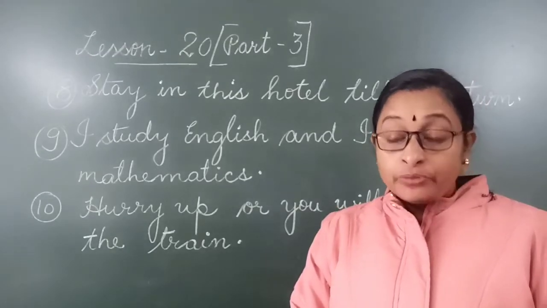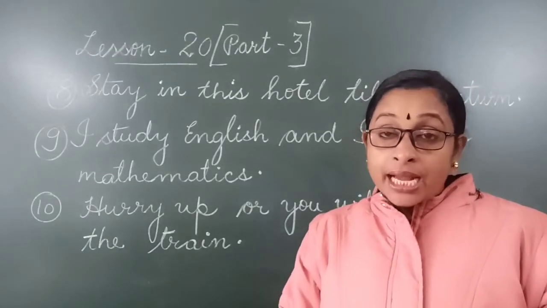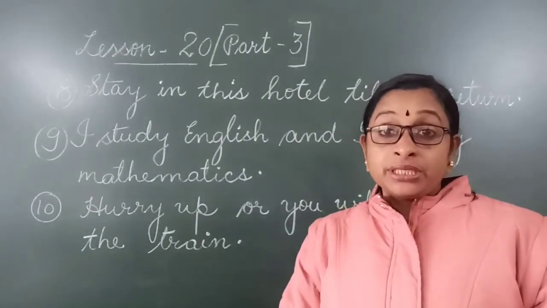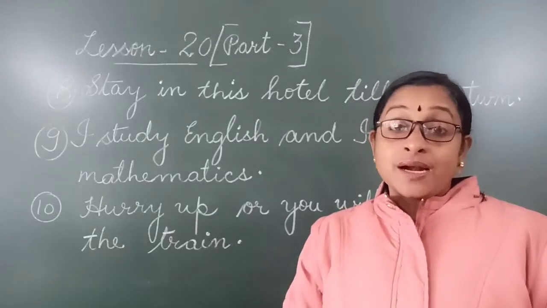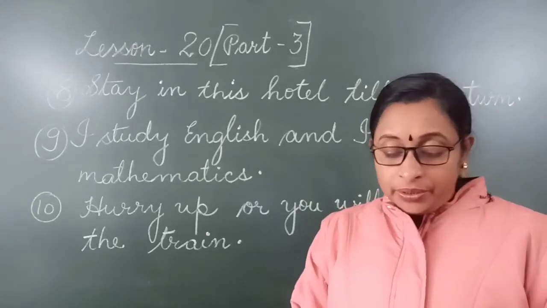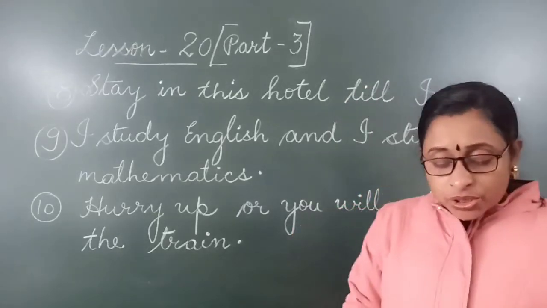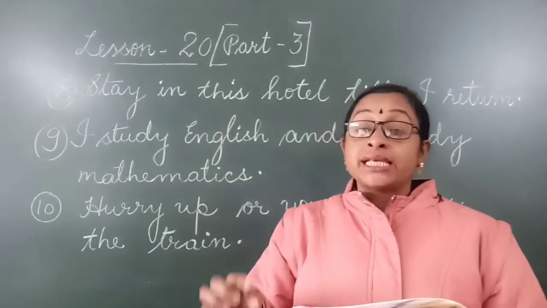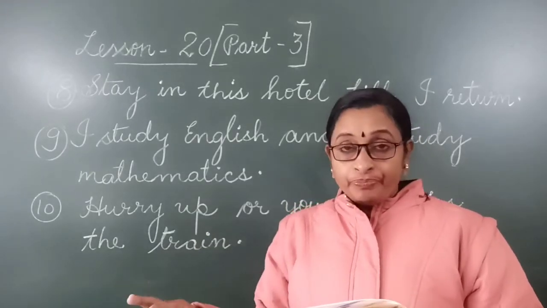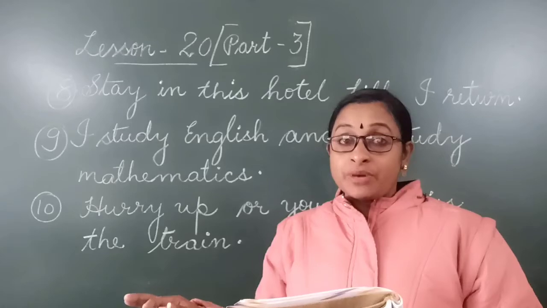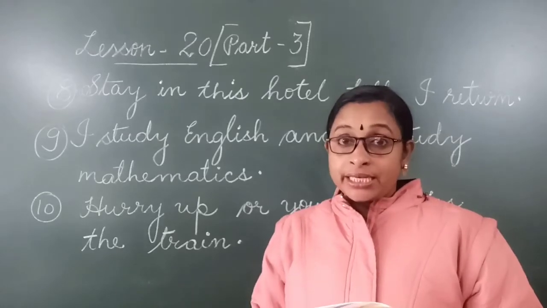Next one, number 10 and last one. Hurry up, you will miss the train. That means do fast, otherwise you will miss the train. After hurry up, there is an exclamation mark. That exclamation mark you remove. There should not be any exclamation mark when you are joining the sentence.